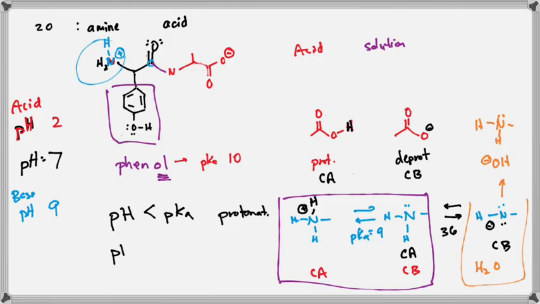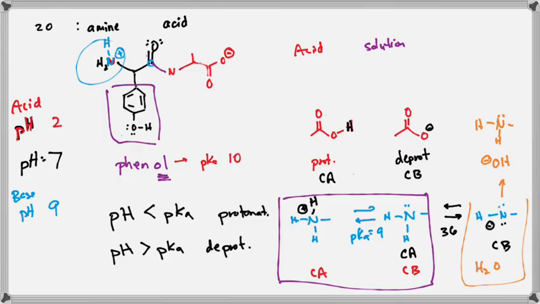If my pH is higher than my pKa, what does that mean? Deprotonated state. Protonated, deprotonated, I'm just making sure. Okay. So what you need to be careful of are your protonated and deprotonated states for your functional groups.